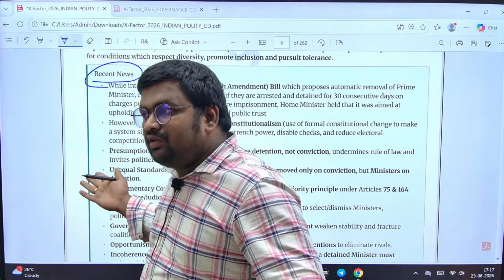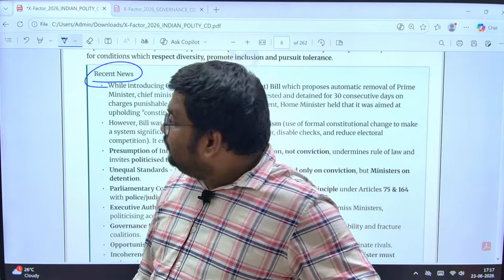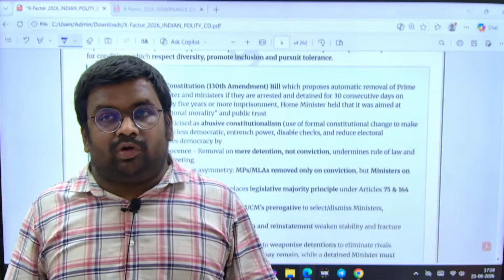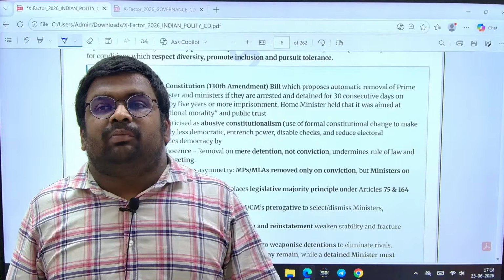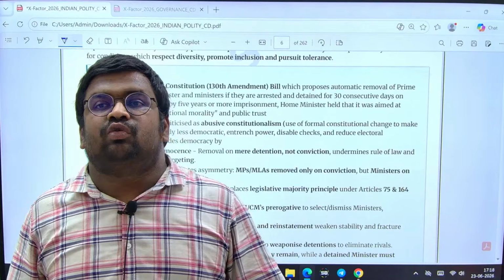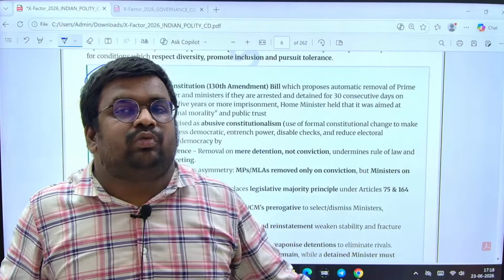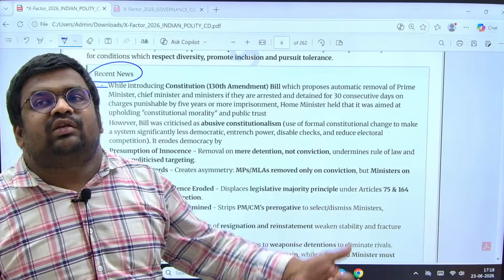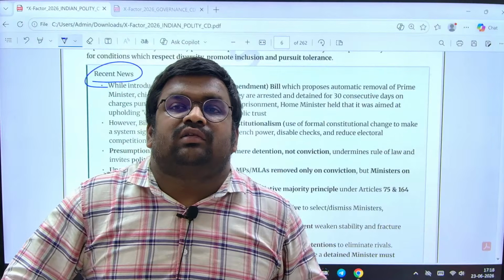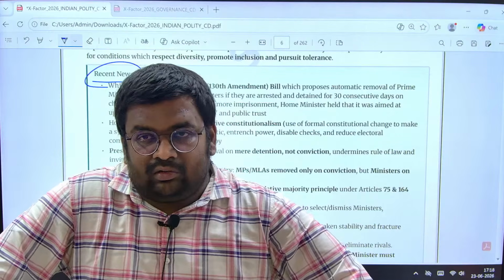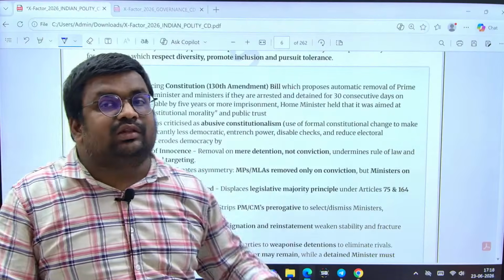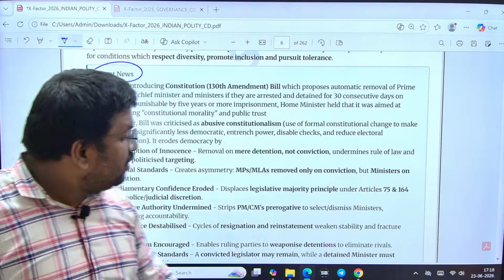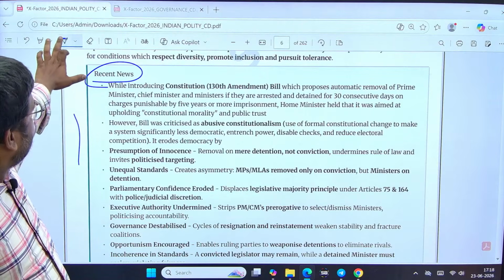So आपका ये भी क्वेश्चन बन सकता है. ठीक है, कि do you think 130th amendment bill is basically with respect to the criminalization of politics, कि if the minister or even prime minister or chief minister goes to jail for 1 month, they have to vacate their seat. ठीक है, so constitutional morality is the fulcrum upon which the government is held accountable, discuss in context of 130th amendment bill. तो ये आपका क्वेश्चन इस साल आ सकता है. ठीक है, so for that also we have covered, right?